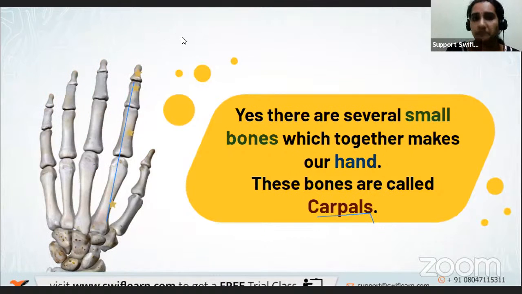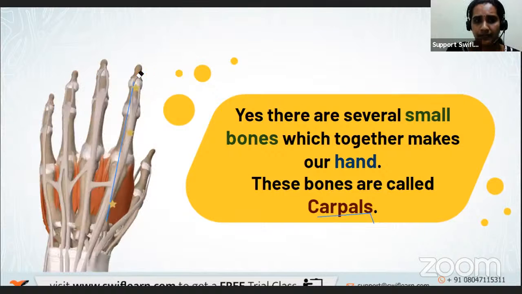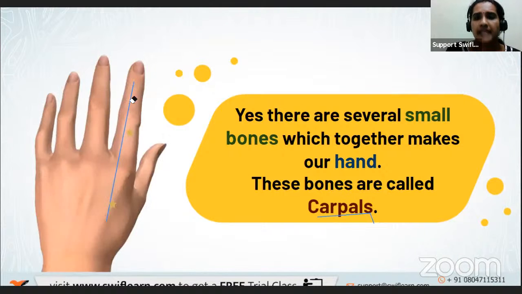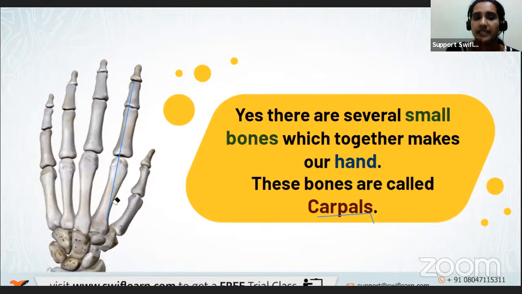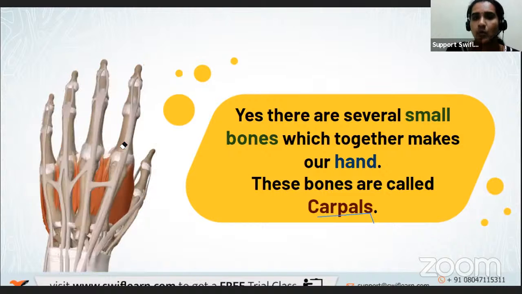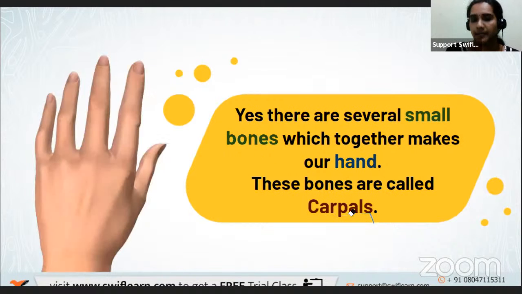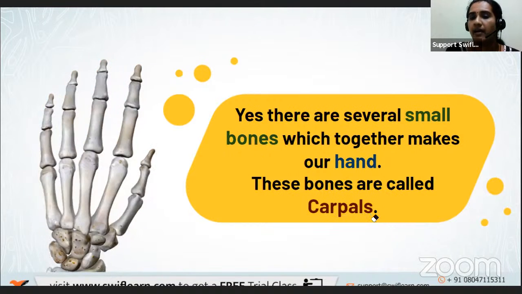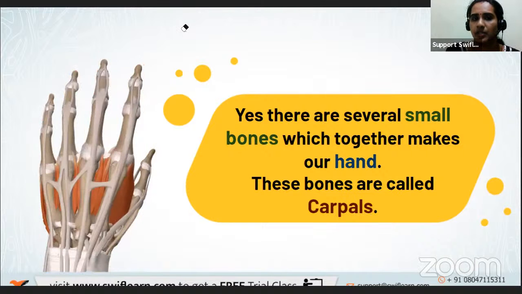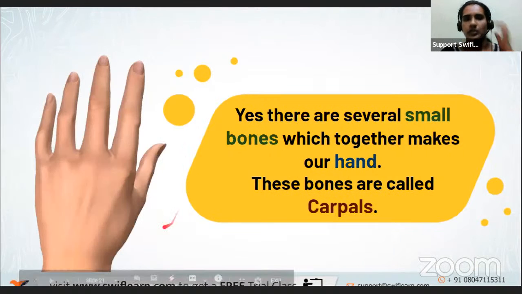So that is about the hand. Yes, there are several small bones together which make our hand. And these bones are called carpals, C-A-R-P-A-L-S. You have to understand that. Okay, so that's about the carpals.